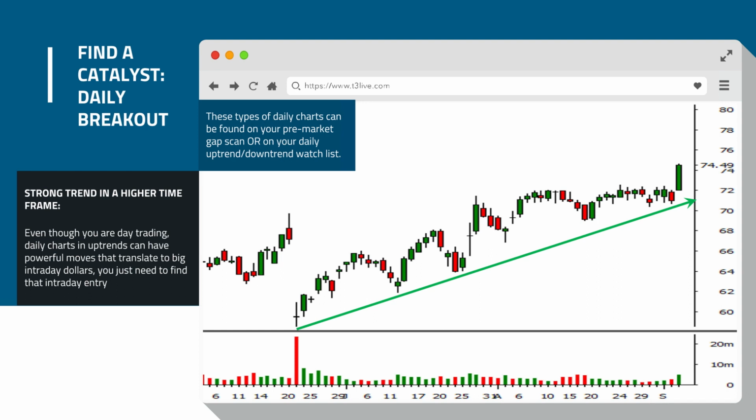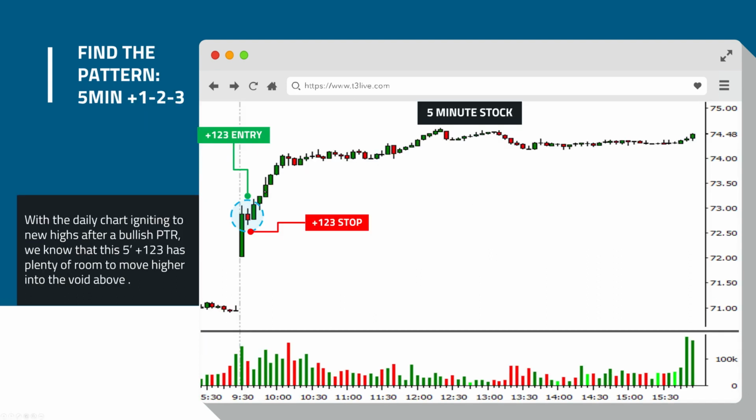Now, one thing that I utilize in my trading like crazy, I do it with every trade that I take, is I use amplifiers, enhancers, things that make the setup even better.